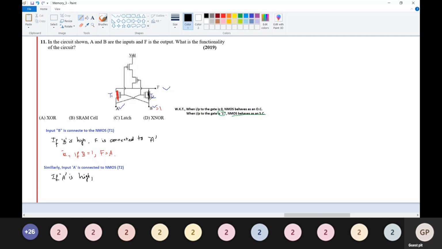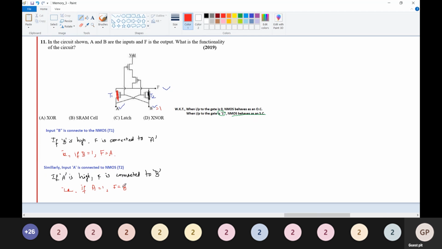This becomes a short circuit, so F is connected to B. Similarly, if A is equal to 1, F is equal to B.